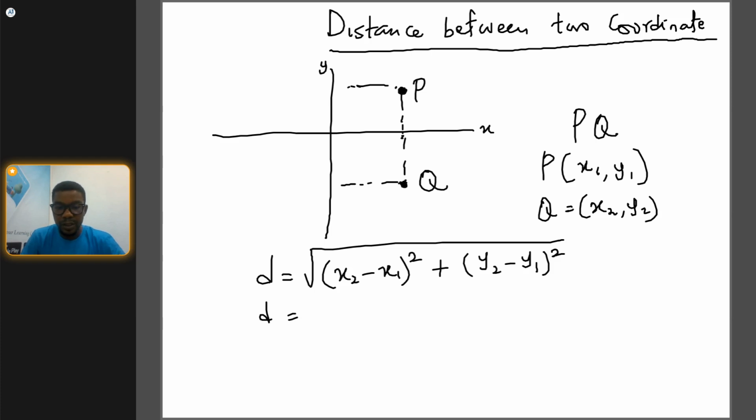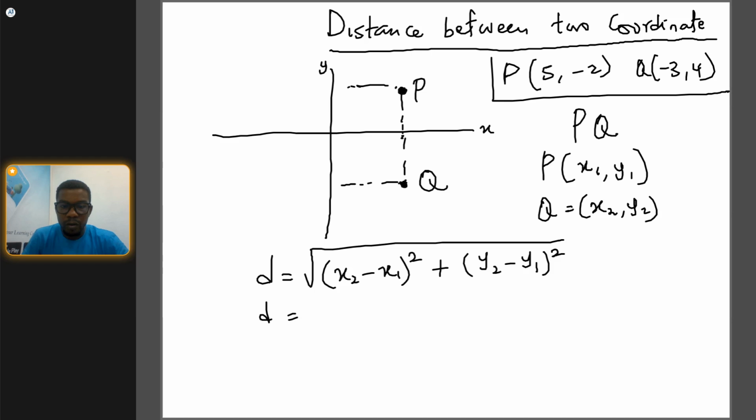So let's take an assumption that we are given coordinates where P is the point (5, -2), and Q is the point (-3, 4). We are given these two coordinates, and we are asked to find the distance.